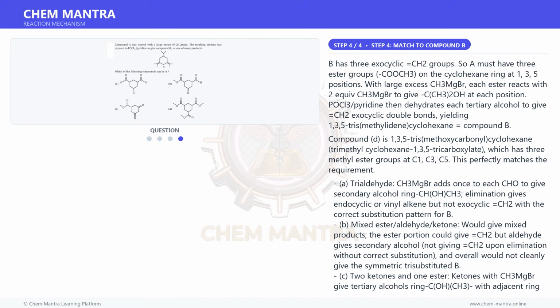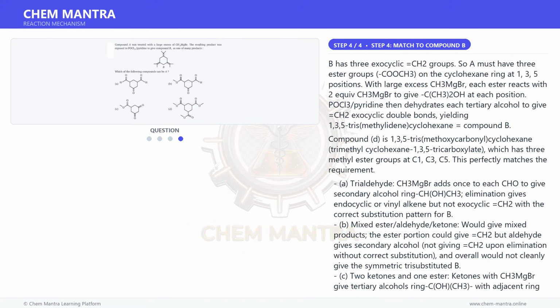POCl3-pyridine then dehydrates each tertiary alcohol to give exocyclic =CH2 double bonds, yielding 1,3,5-tris(methylidene)cyclohexane, compound B. Compound D is trimethyl cyclohexane-1,3,5-tricarboxylate, which has 3 methyl ester groups at C1, C3, C5. This perfectly matches the requirement.